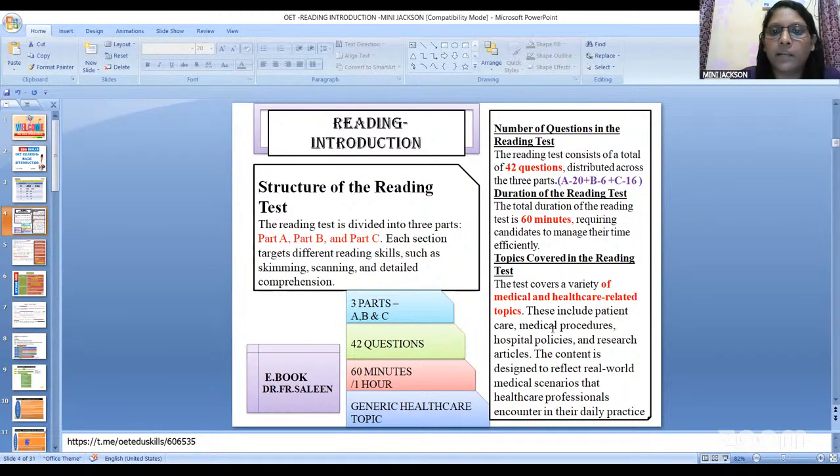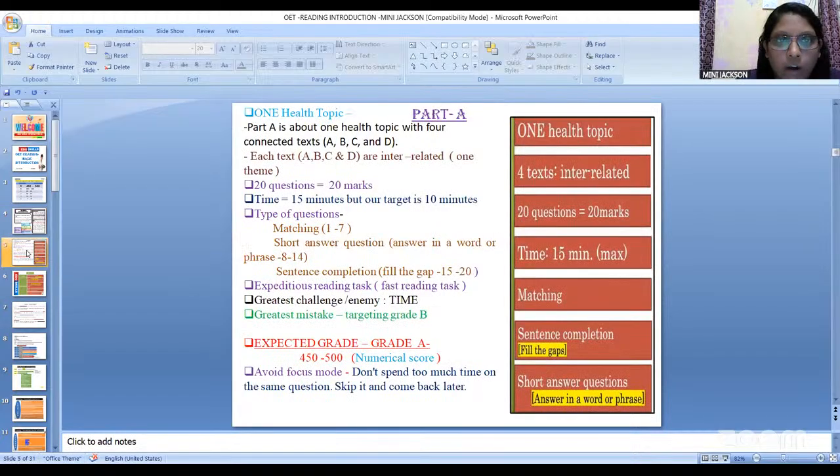But in the reading part, we need to understand one topic will be there, but there are four texts. So we need to understand how they correlate with each other, and we'll move to the questions and see how it will be.